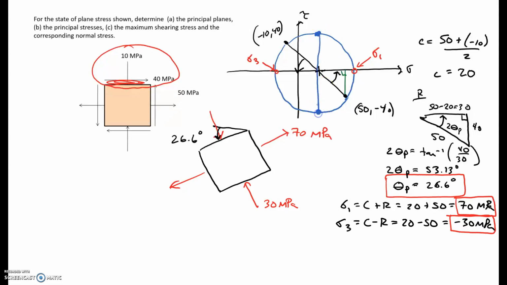So I'm looking at this vertical diameter. From the black line where my current state of stress is, instead of rotating counterclockwise, now it looks like I need to rotate clockwise.